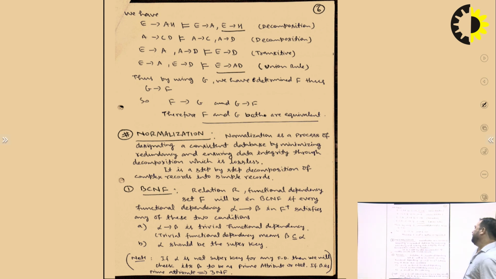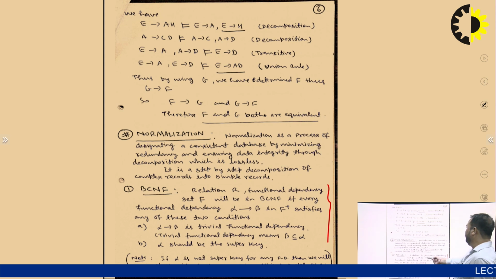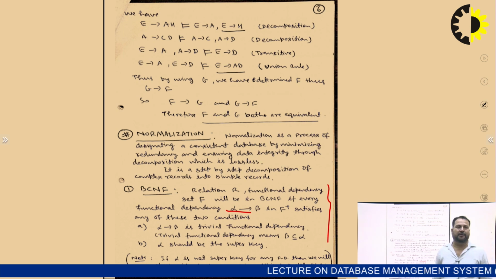The rule says BCNF is the highest form of normalization under FDs. So a relation R with functional dependency set F will be in BCNF if every functional dependency alpha determines beta in F closure satisfies any of these two conditions.